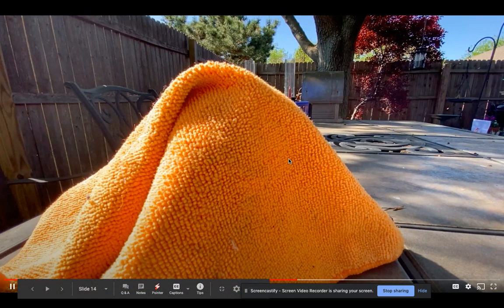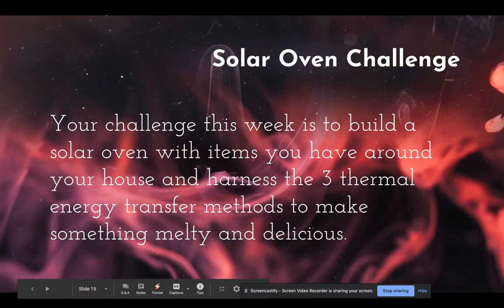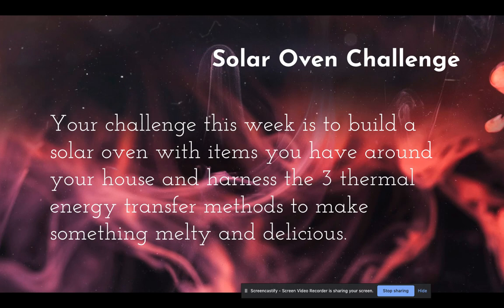You probably have experienced radiation sitting around a campfire or the fireplace. You can feel the heat coming off of the fire. That's an example of radiation. It's passing through space. You're not actually touching the fire, but you can feel the heat energy coming off of that fire and warming you up.